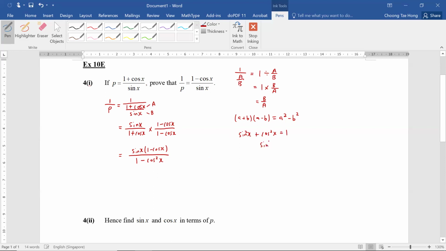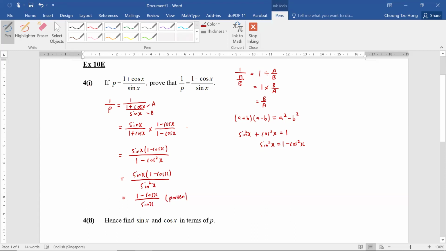If I shift the cosine square x over to the other side, I can replace the whole denominator with sine square x. This sine square x will simplify with the sine x on top. One of the sine x cancels with one of the sine x below, and you are left with what they want us to show, which is 1 minus cosine x over sine x. So we have proven this.